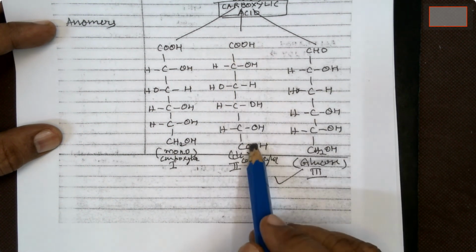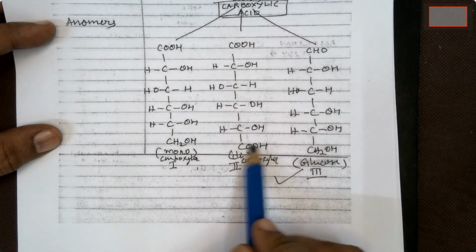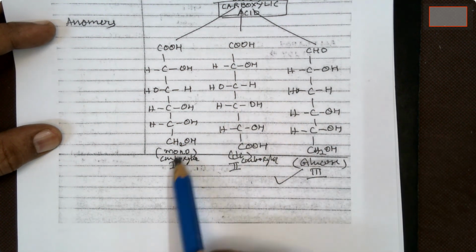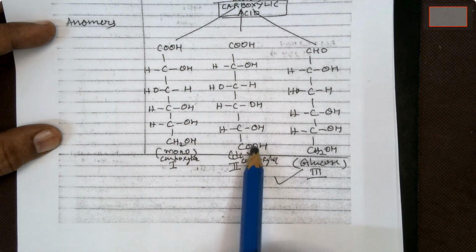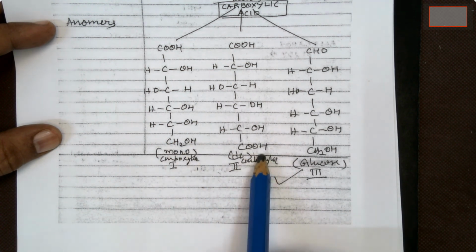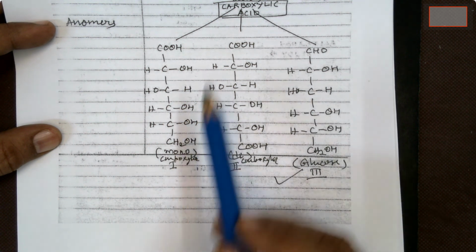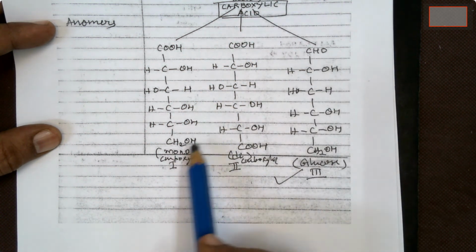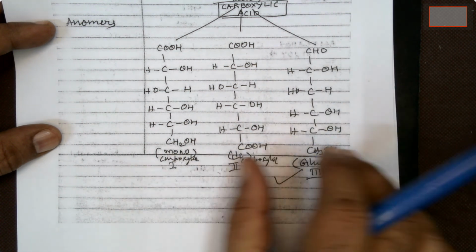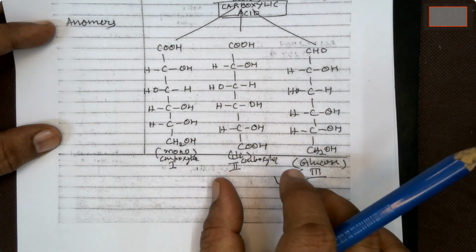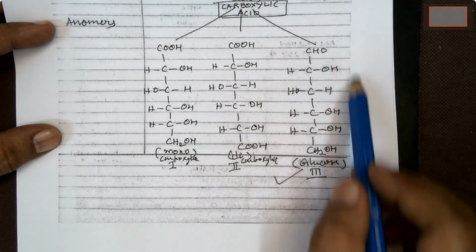From this it's clear that we get a dicarboxylic acid. So this is a monocarboxylic acid with CH2OH, and this is a dicarboxylic acid. What do you call the monocarboxylic acid? Gluconic acid. What do you call the dicarboxylic acid? Saccharic acid.